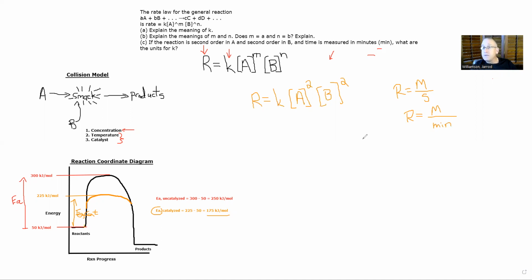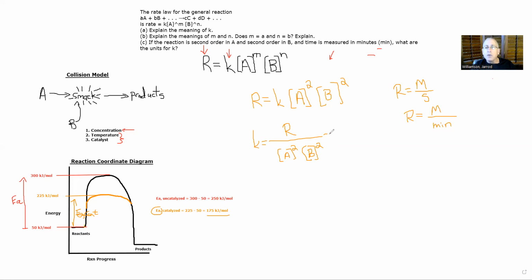So I'm going to substitute these things in. First, I'm going to solve for K, rearrange the algebra for K. K will be equal to the rate over A second power, or second order, so squared, B, that's second order.